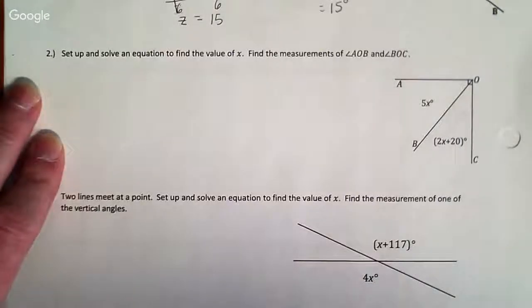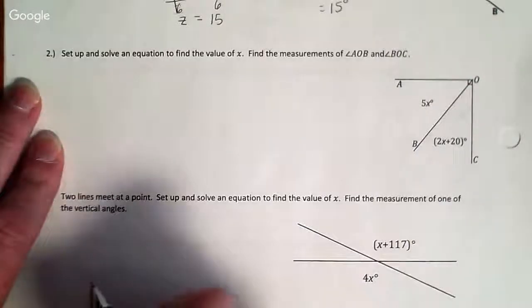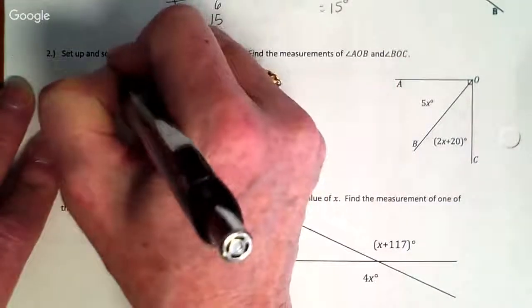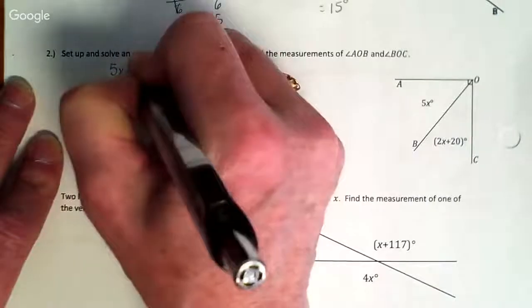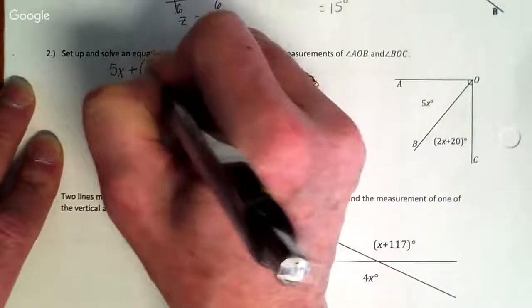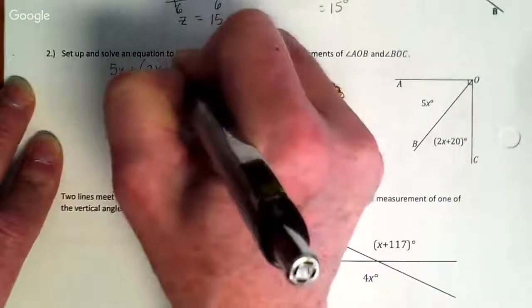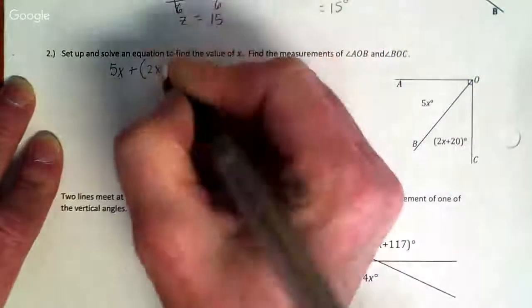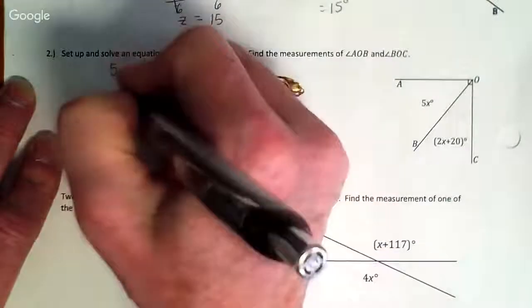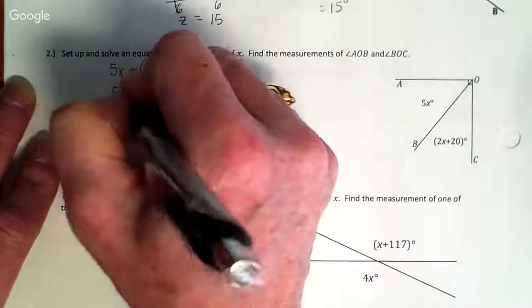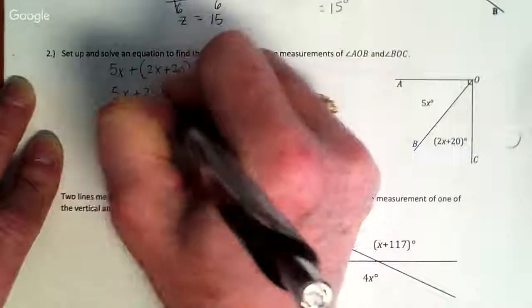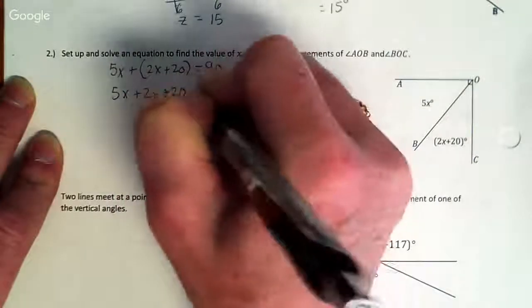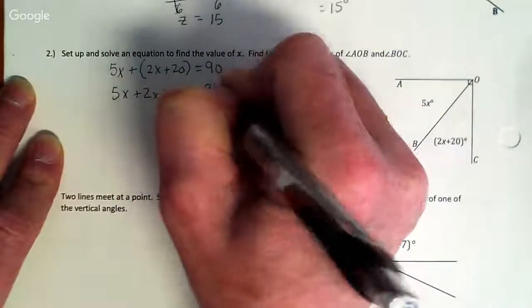All right. So now we have set up and solved the equation to find the value of x. We're going to find AOB and BOC. So here we've got 5x plus, in parentheses, 2x plus 20. That's going to equal 90 degrees. So now take away that parenthesis. So we've got 5x plus 2x plus 20 equals 90.